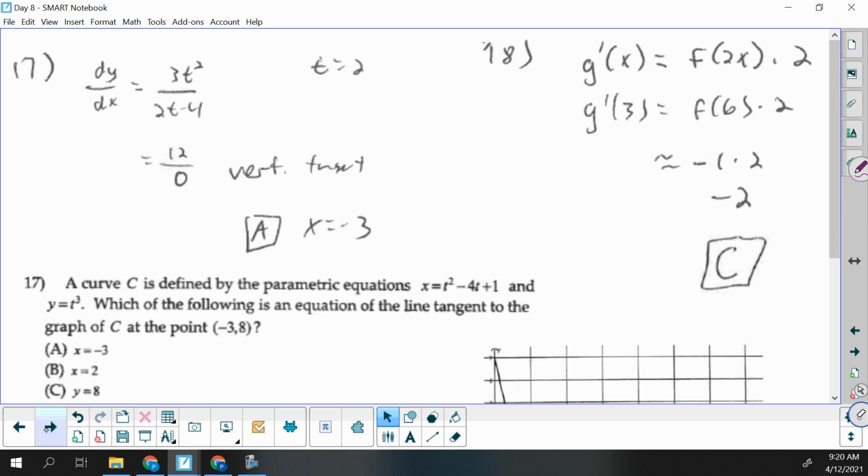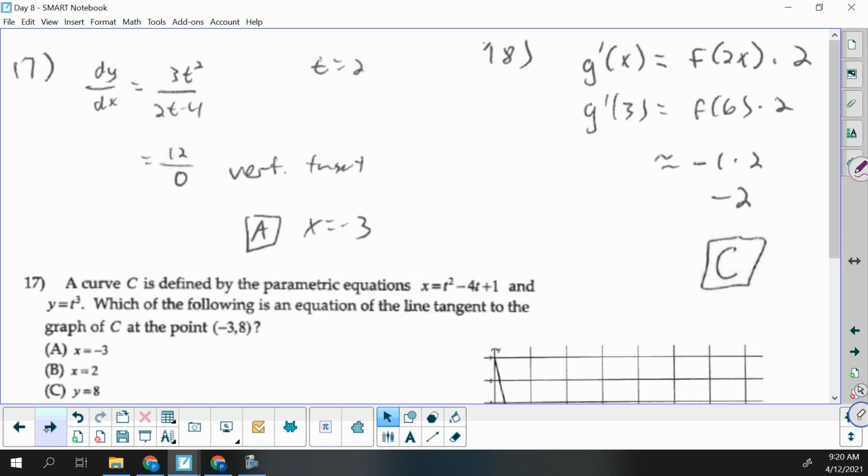If we sub in 2 for t now, we get 12 over 0. So that means we should have a vertical tangent line. And vertical lines are x equals some number. Since we're passing through the point negative 3, 8, we need it to be x equals negative 3, so choice A.